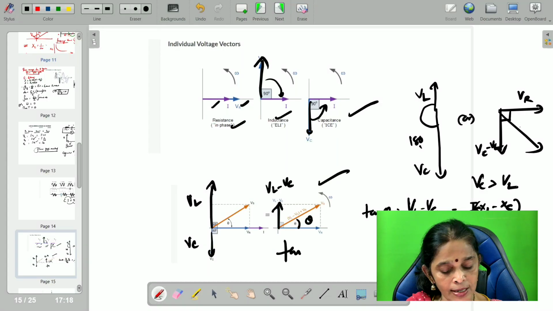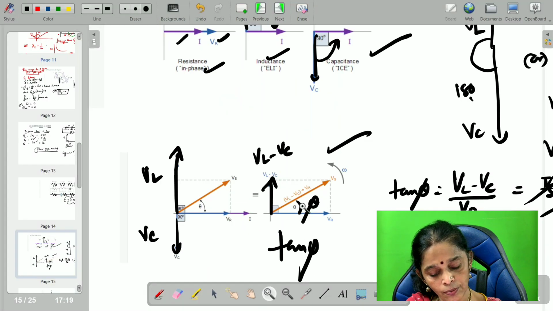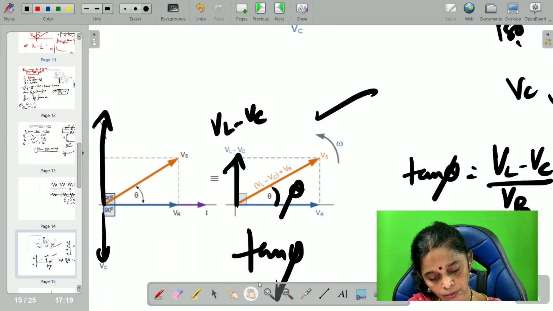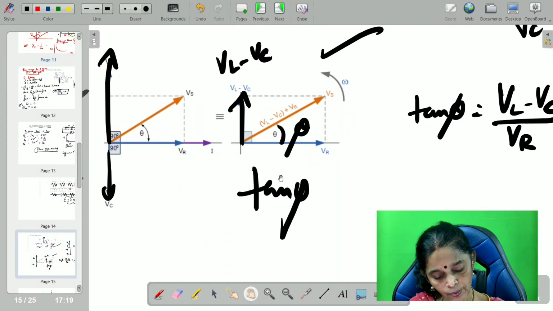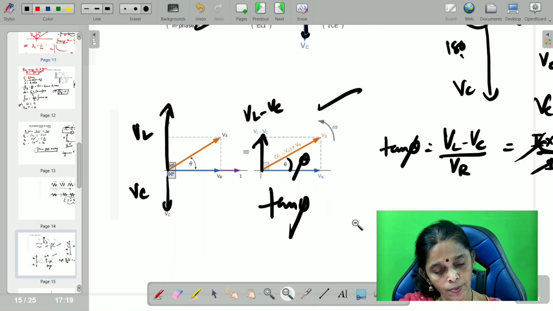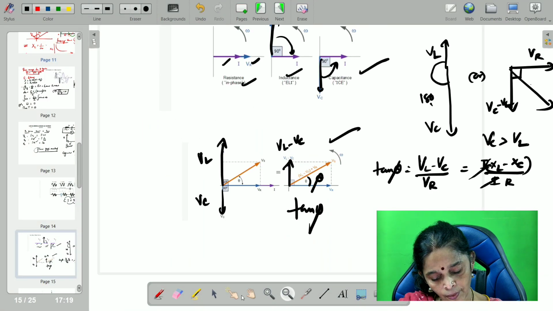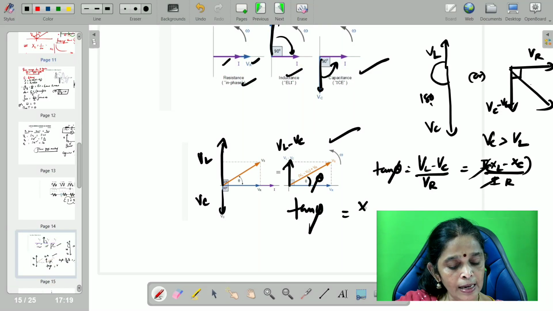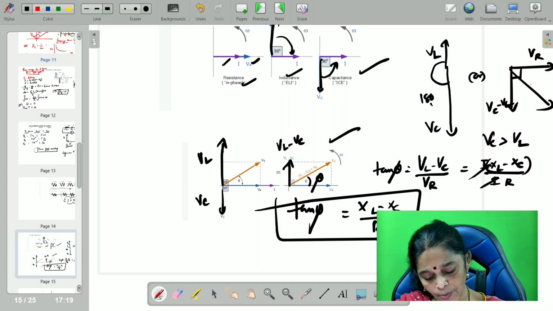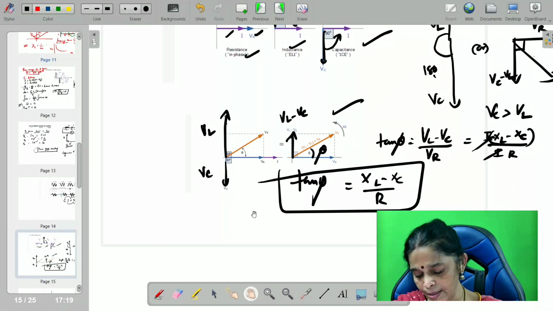So therefore, tan phi is equal to XL minus XC divided by R. So put a box for the same thing. So hope you understand this.